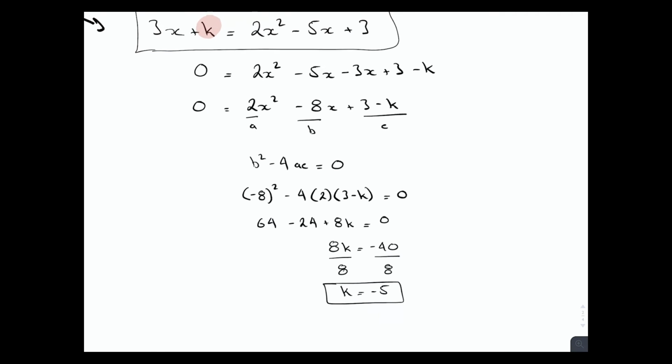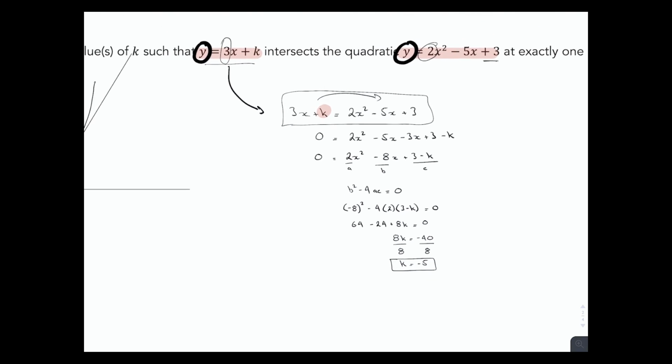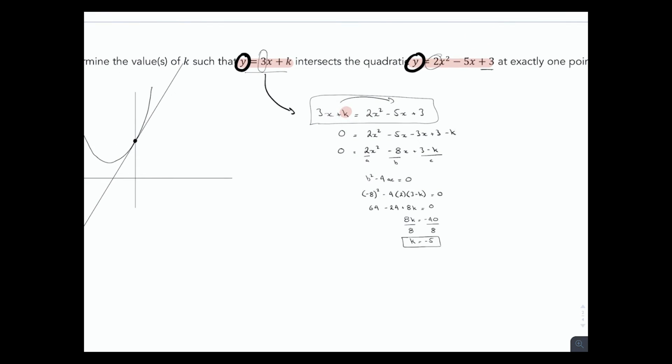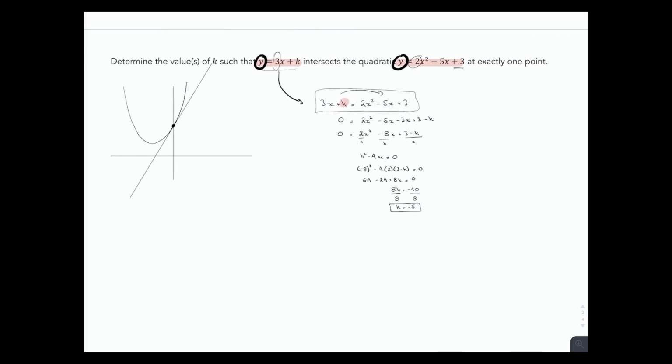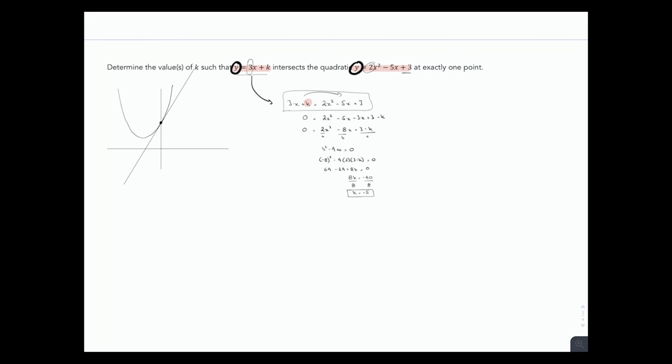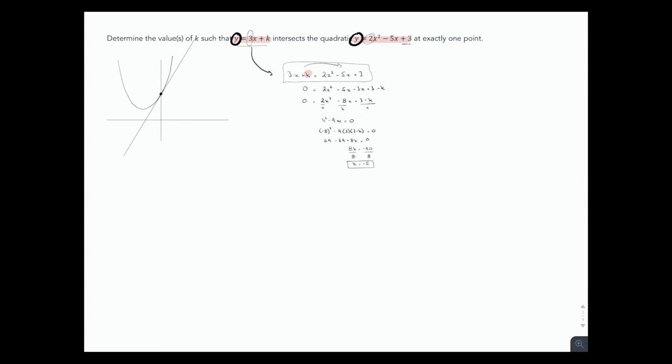So what does that mean? Let me zoom out here so we get the big picture once again. Going back to the original, it says when k is negative 5, in other words, when the y-intercept has a value of negative 5, then my line will touch the graph at exactly 1 point.